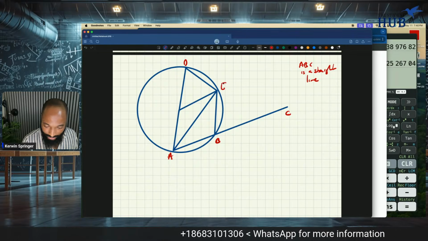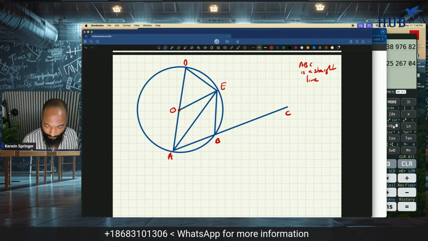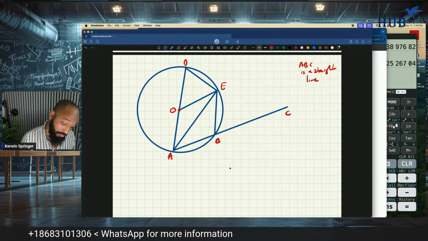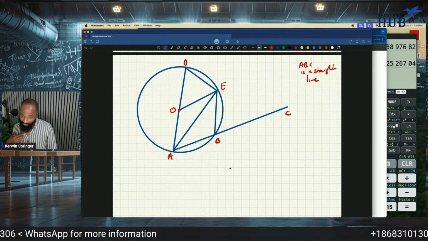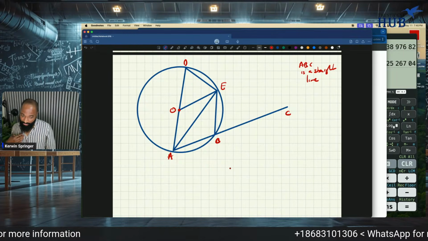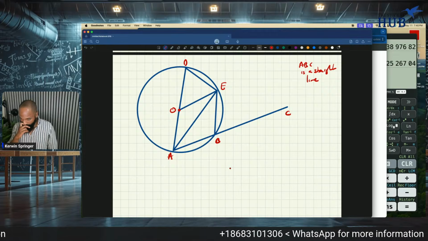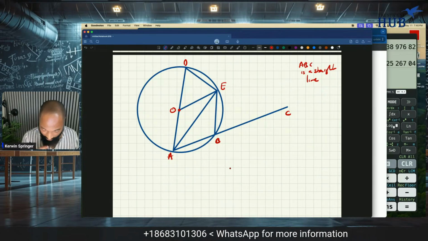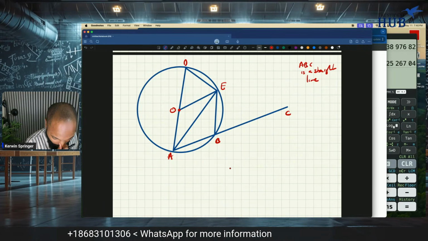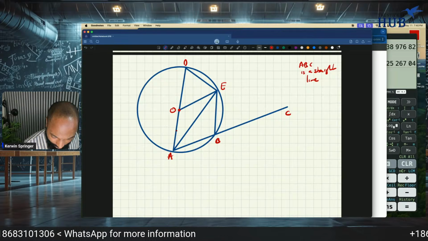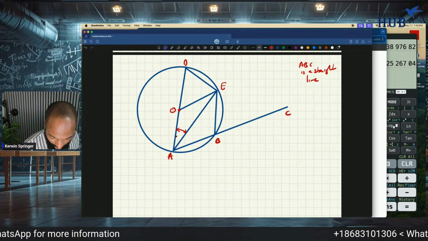A, B, C, D, E, and this is O. And I'm saying that this angle here is 28.